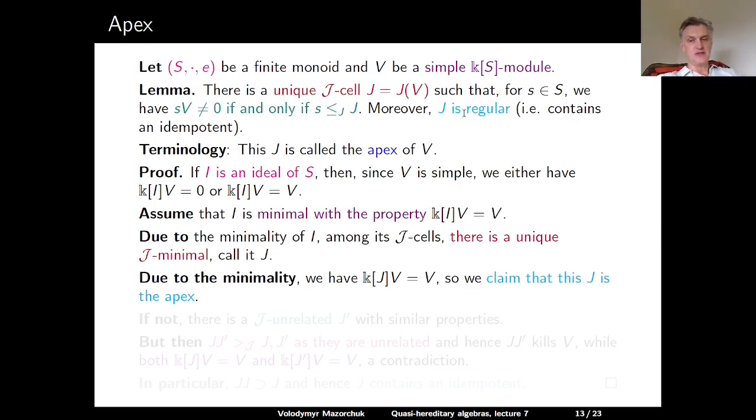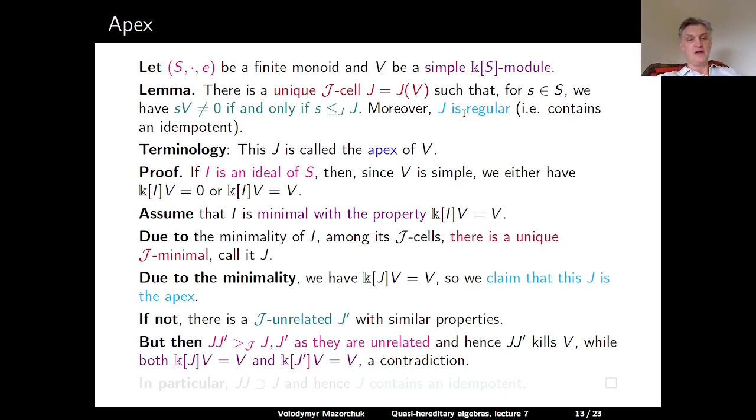So we claim that our two-sided cell J is the apex of V. Indeed, if it is not unique, then there is another two-sided cell J prime, which is unrelated to J in the two-sided order, which has the same properties as J. If we multiply J and J prime, the fact that they are not related in the two-sided order means that their product must be strictly two-sided greater than both J and J prime.